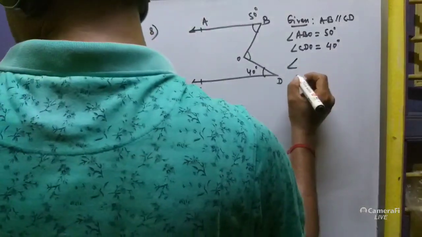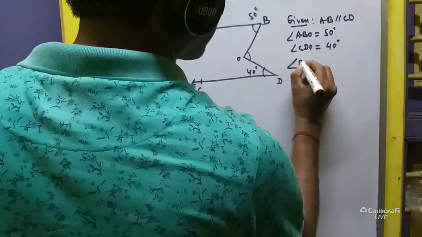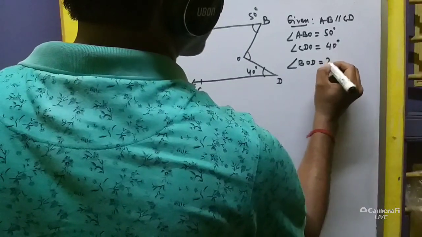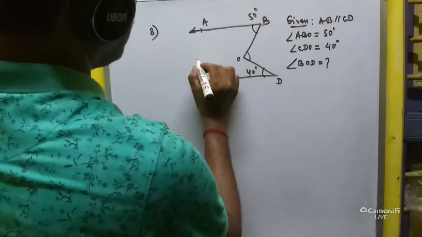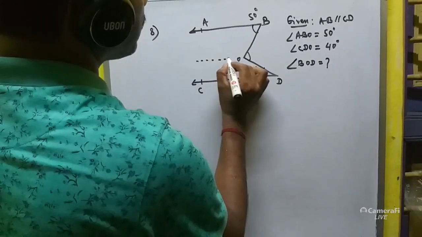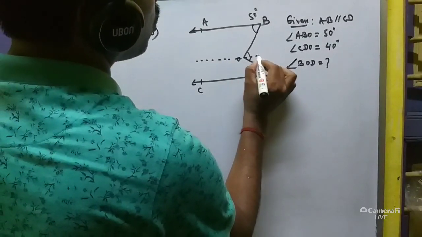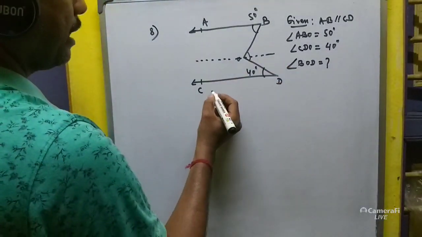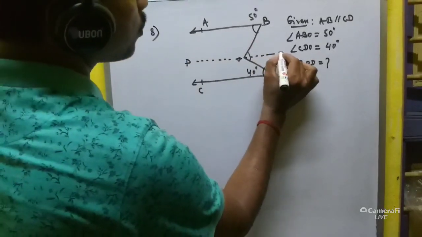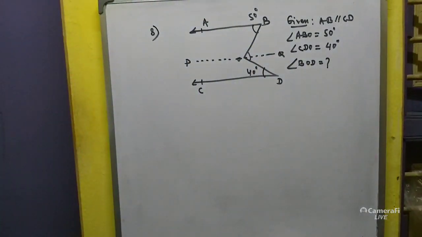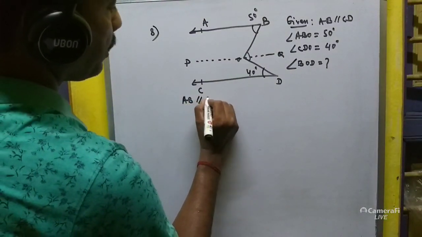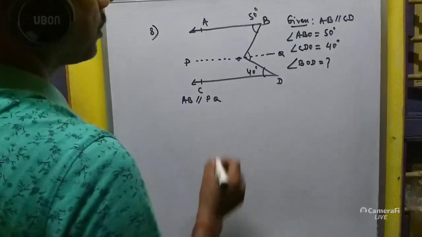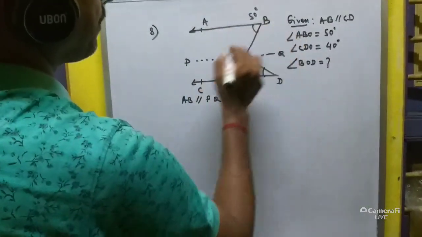So find out angle BOD. So BOD you have to find out. First you draw a line which passes through O. Suppose this line name PQ. Now you draw it in such a way so that AB parallel to PQ.